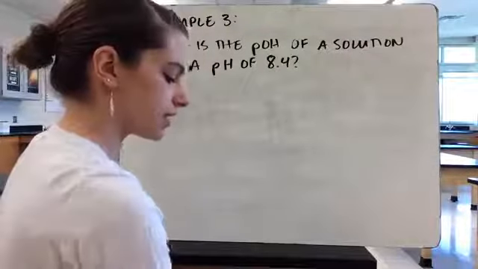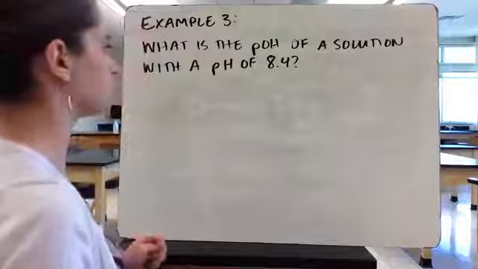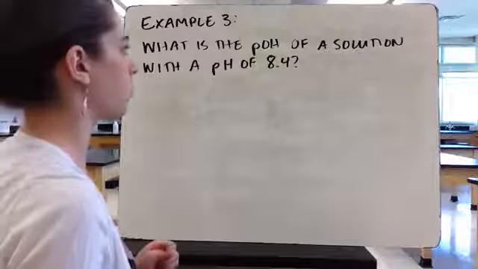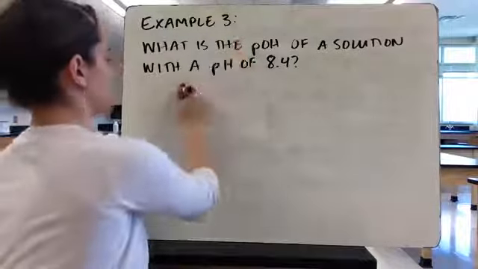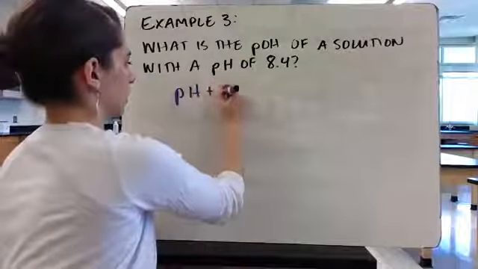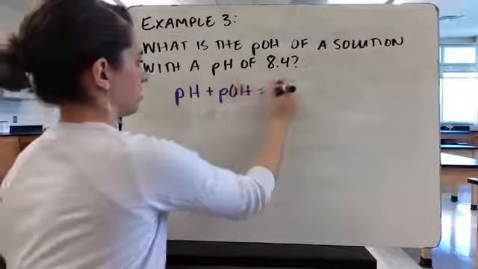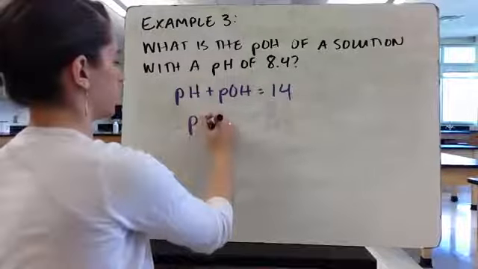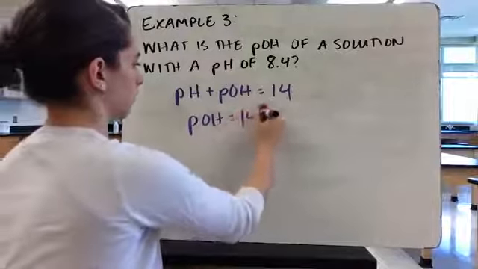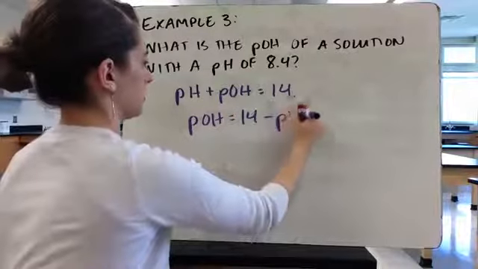Our example 3 says, what is the pOH of a solution with a pH of 8.4? So if we're going to get from pH to pOH, we need to know that pH plus pOH equals 14, which means our pOH would be 14 minus our pH.